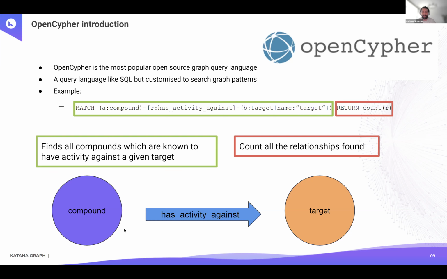It finds this pattern I've drawn at the bottom of the slide here, just a simple node, edge, node pattern. And then the function we're computing on this is just count how many times that pattern appears. So this very simply, for a given target, counts how many compounds in our database have activity against this target. Very simple query.